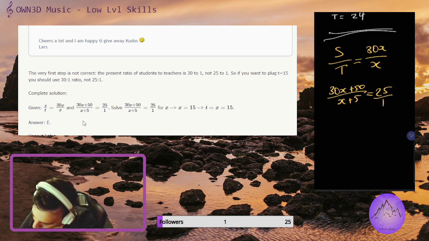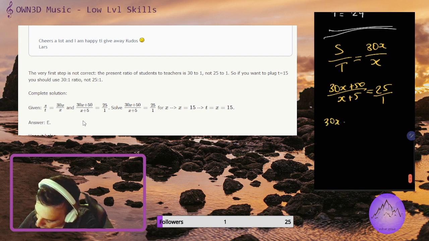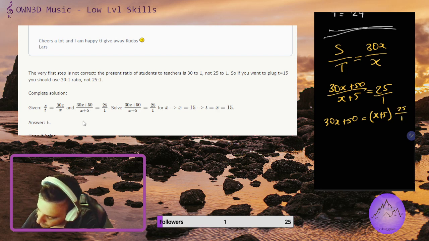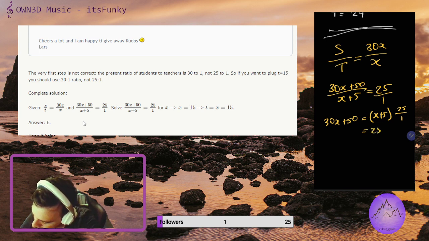Solving that, we should be able to multiply both sides by x plus 5, and you get 30x plus 50 equals 25 times x plus 5, which is 25x plus 125.